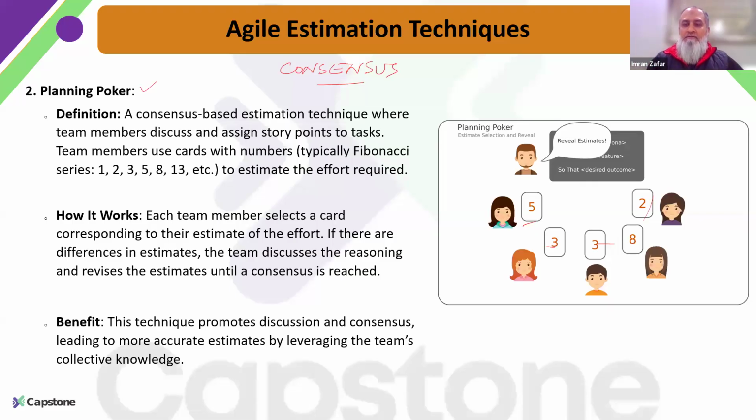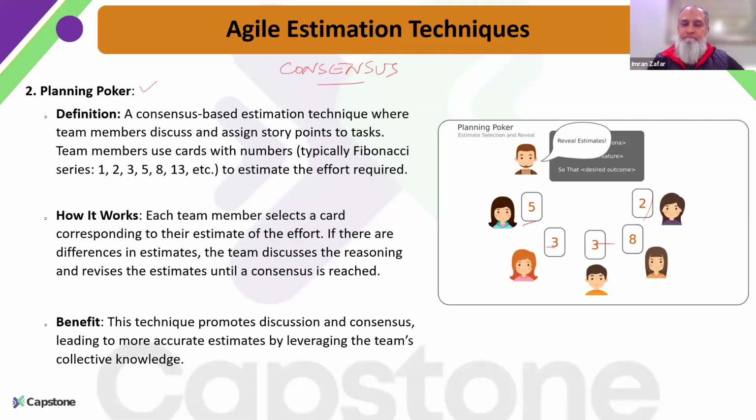Once they show their cards, everyone shares their reasoning for why they think it should be that number, and then they discuss it. They share their ideas and experiences until they reach a conclusion on the user story point that should be given to that particular user story, and this happens for each and every user story in a consensus-based environment.